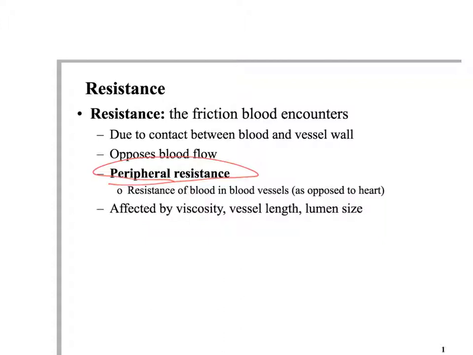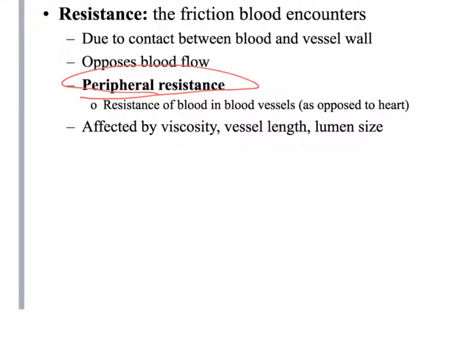Peripheral because it's outside of the heart. The peripheral blood vessels offer resistance. And there are three major factors that play into resistance. It's affected by viscosity of the blood, vessel length, and lumen size.